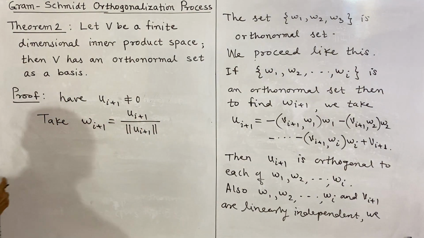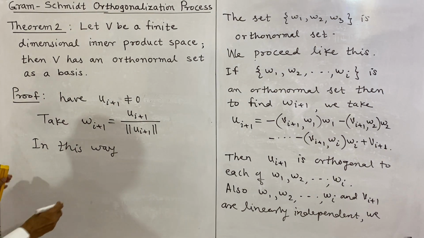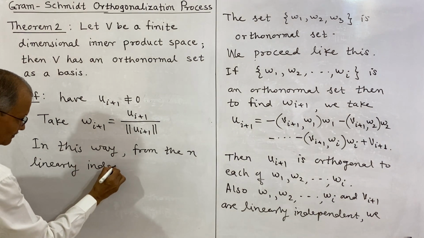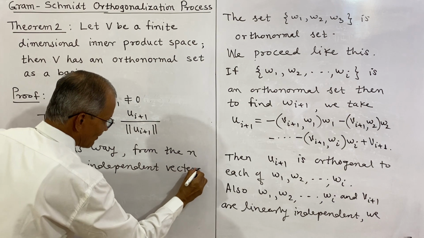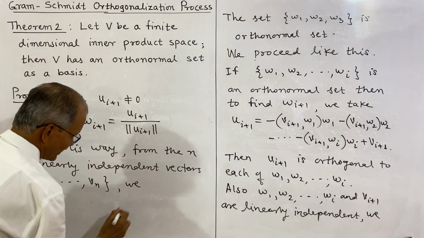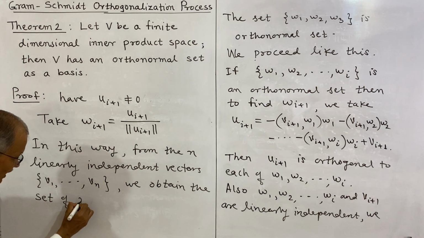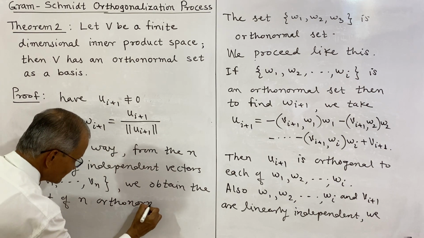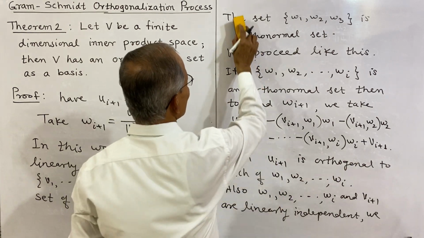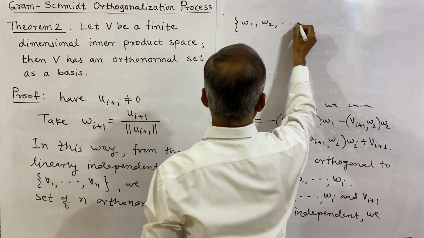Thus, in this way, from the n linearly independent vectors in the basis, v1 up to vn, we obtain the set of n orthonormal vectors, w1, w2 up to wn.